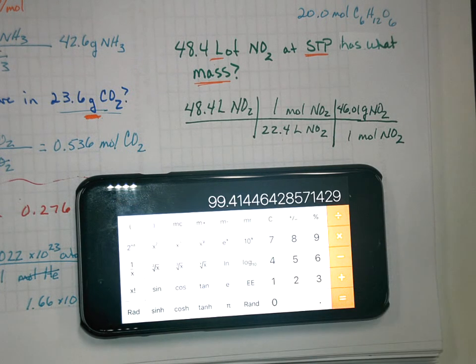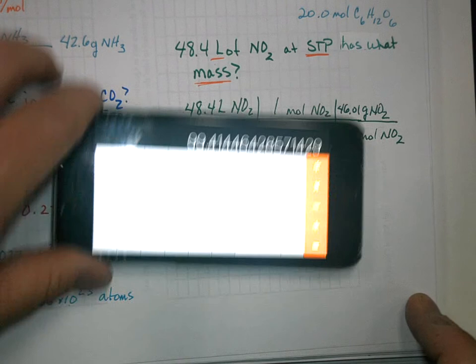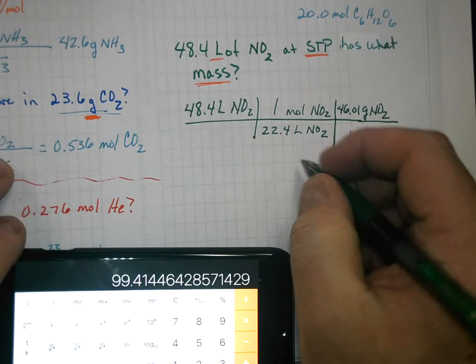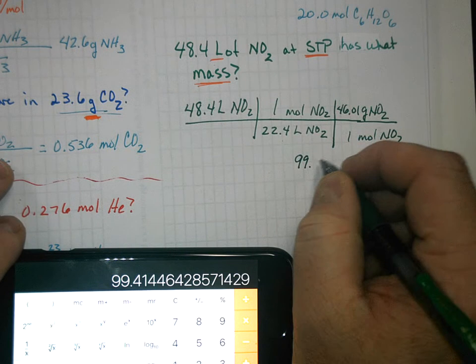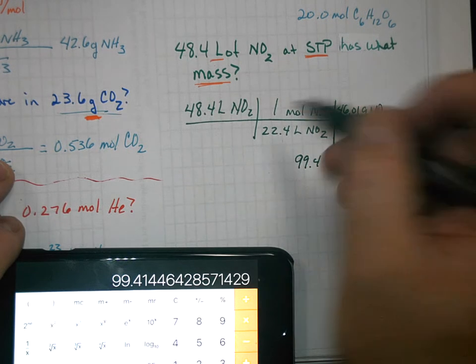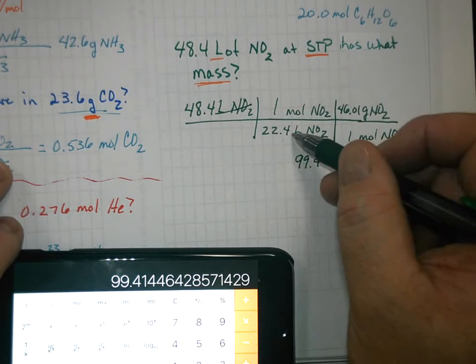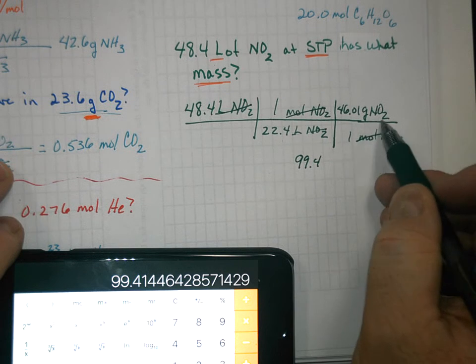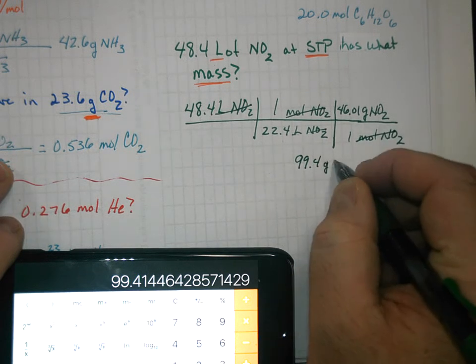That one I didn't plan. Okay, this should be 99.4 what? 1/4. Grams. Those units canceled, leaving us with grams NO2.